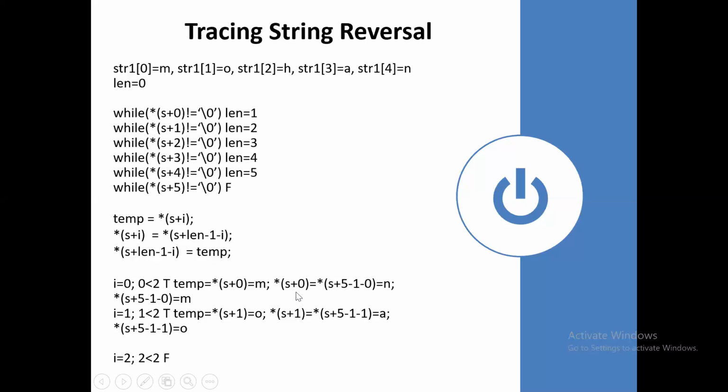Then next, star of s plus 0. For the first position I need to copy the last character, that is N is copied onto str1 of 0, right?